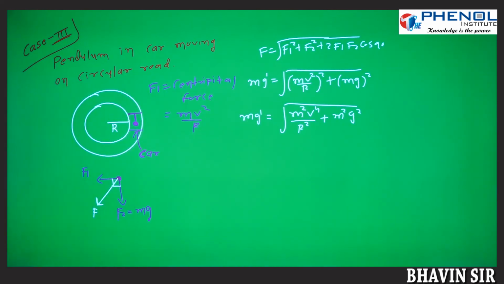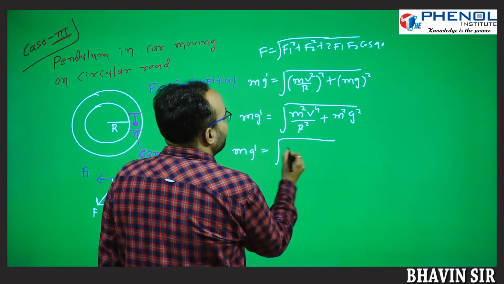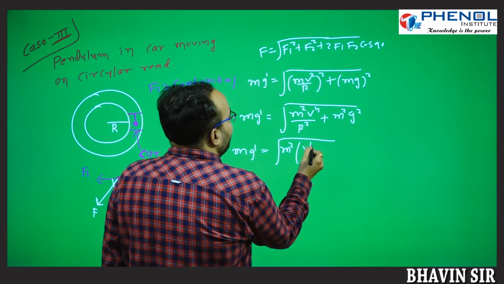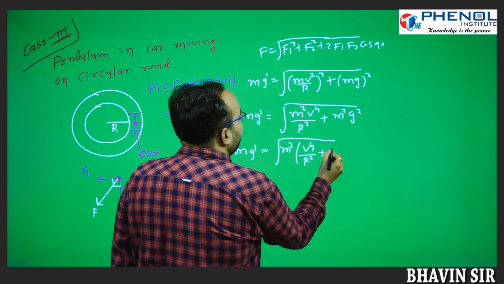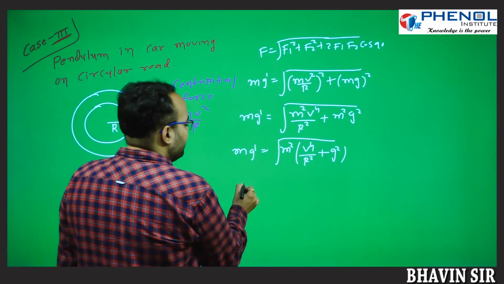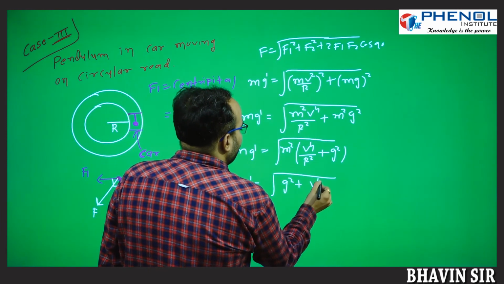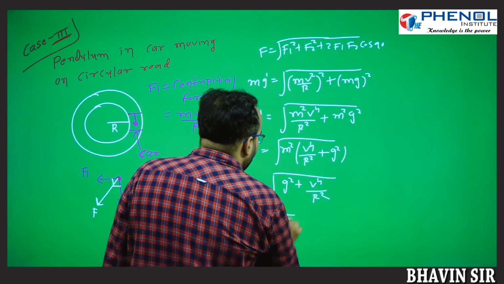So again students, m is common. So what is the answer? m square, v to the 4 by r square plus g square. Now what is the root of m square? m. So g square plus v to the 4 by r square.